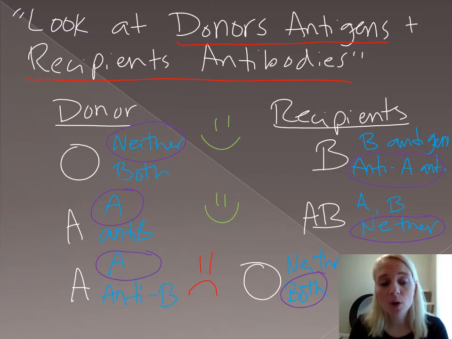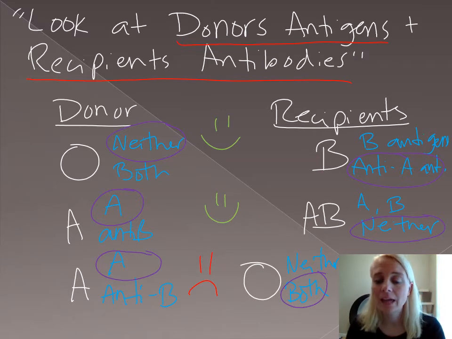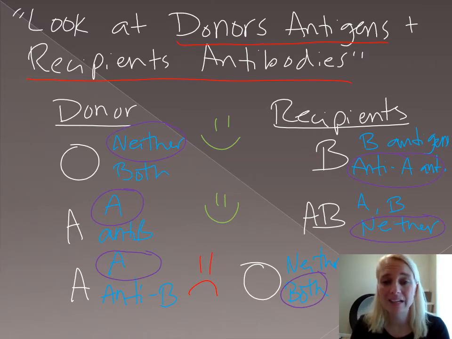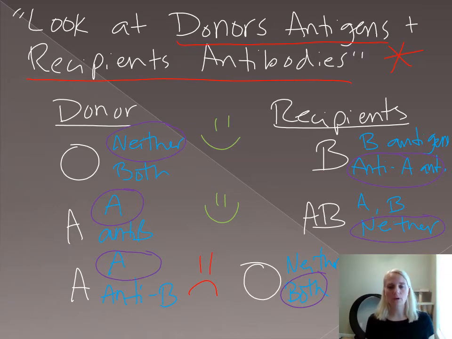Sometimes O has been considered a universal donor because it doesn't have any antigens to recognize, and AB blood is sometimes called the universal recipient because it doesn't have any antibodies to recognize anybody's antigens. So that might be another way to remember our little saying up here. Keep that in mind. Look at the donor's antigens and the recipient's antibodies. Again, I encourage you to set up some of these types of problems yourself to make sure you're comfortable with these relationships.